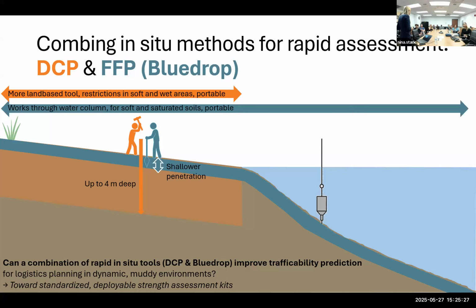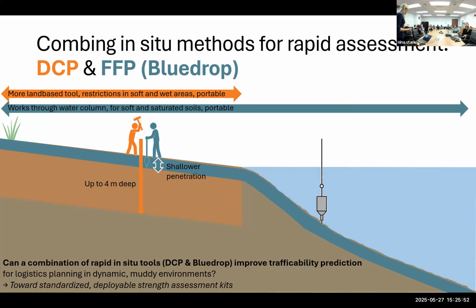It's also a very portable method, lightweight, and you have the hammer that you use. But it's more for not so really wet areas. It gets complex when you get out of the land, where the Blue Drop is still working very well. We may need to improve this method a little bit in the future.